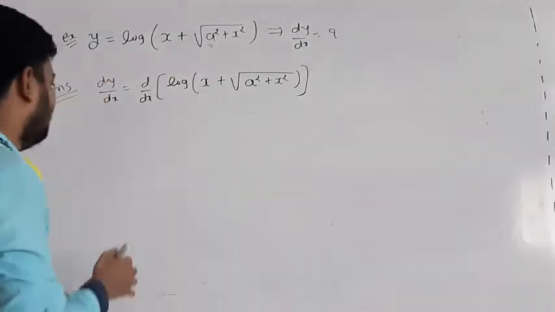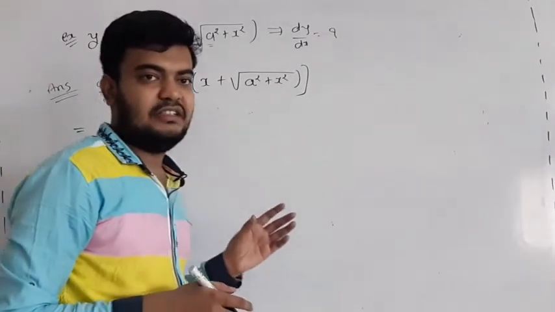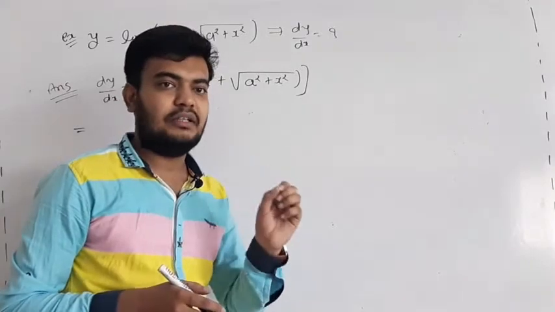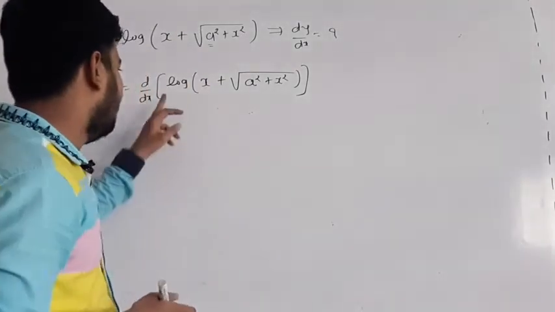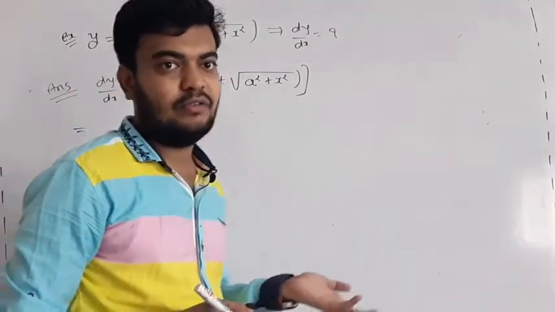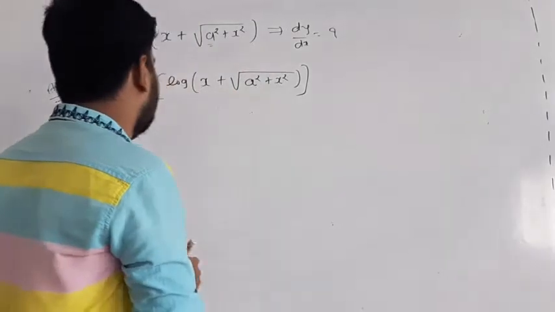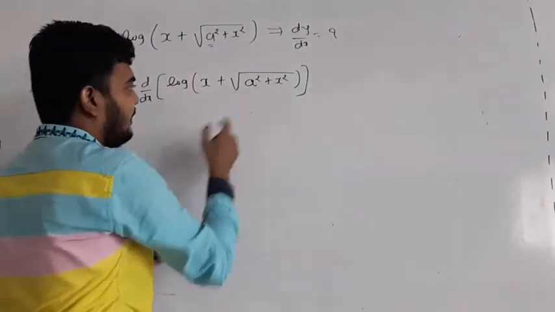So what is chain rule? In chain rule we take the derivative of the outermost function. Here the outermost function is log, and we know that the derivative of log is 1 by the variable. Here the variable is x plus under root a square plus x square.